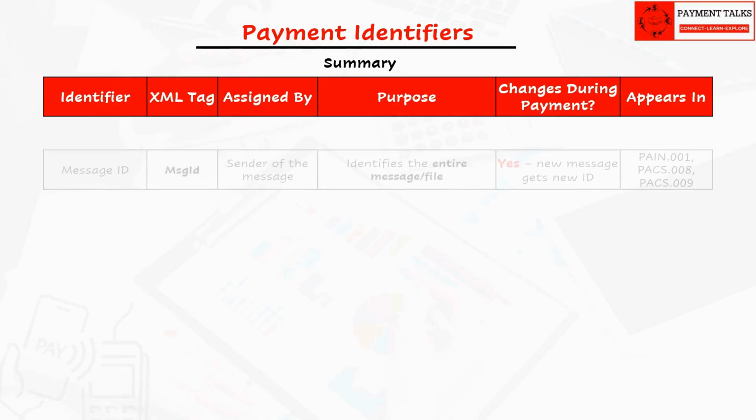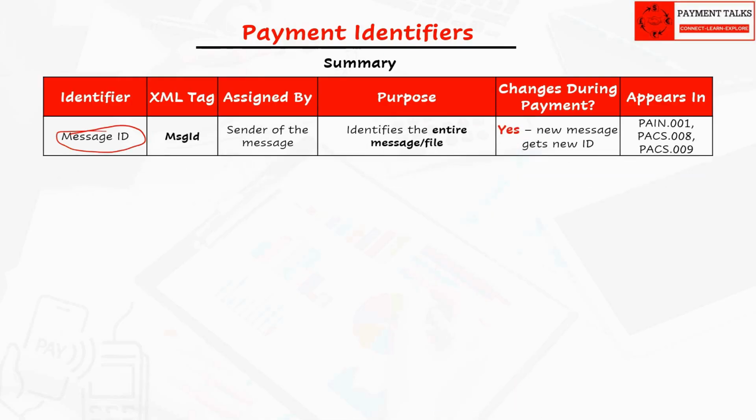The first one is message identification. What it is? The unique reference assigned to the ISO 20022 message as a whole. The identifier for the envelope that carries all content within it. Who creates it? The sender of each message.